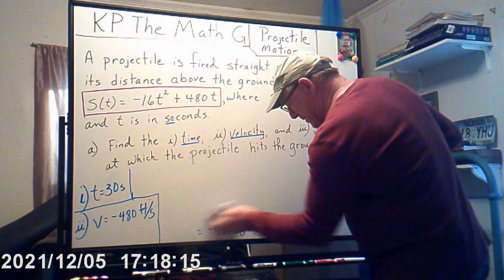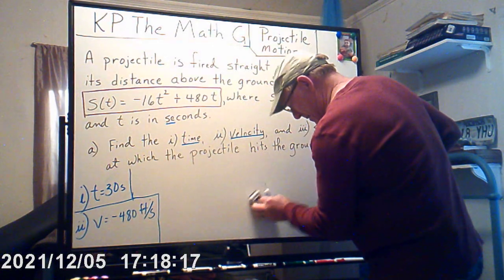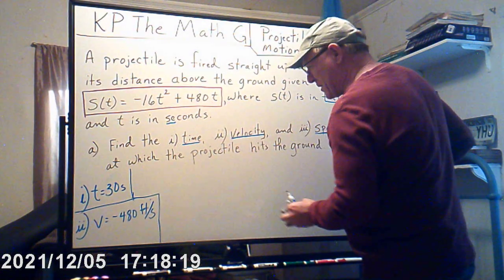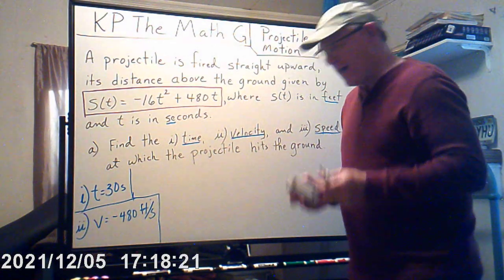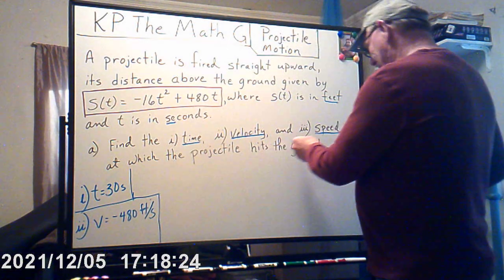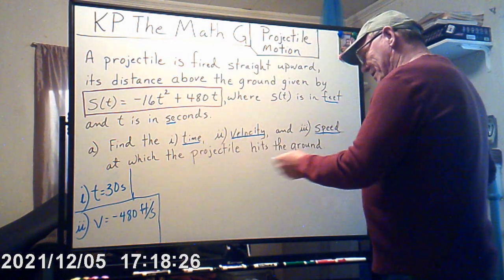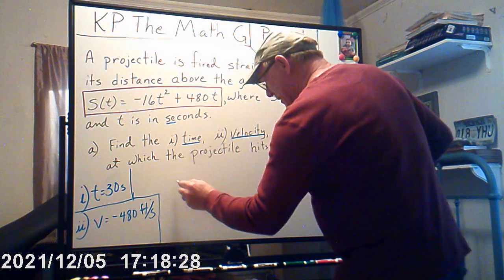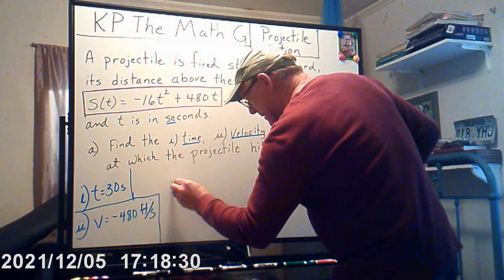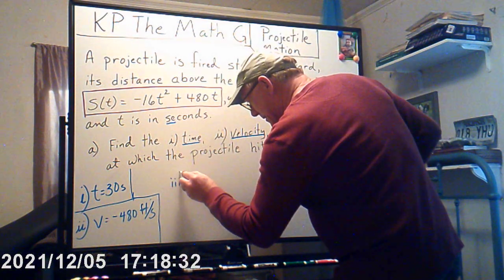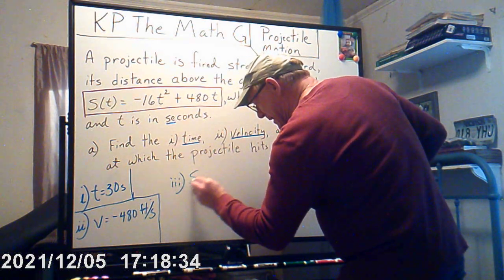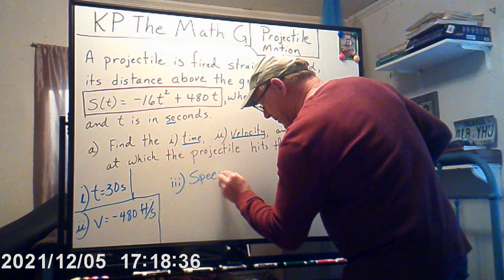Nice questions, aren't they? Now, the speed is just like the velocity. The third part is the speed at which the projectile hits the ground. Now remember, keep in mind that speed is never negative.